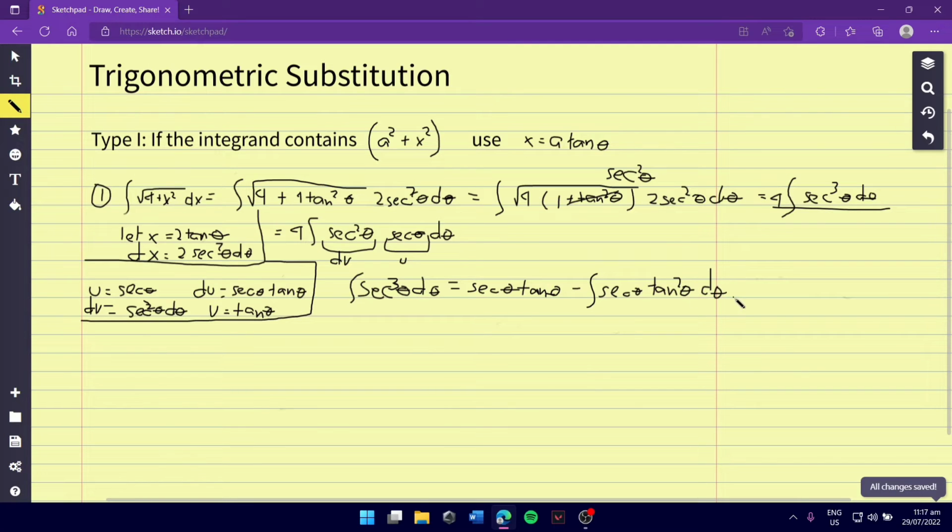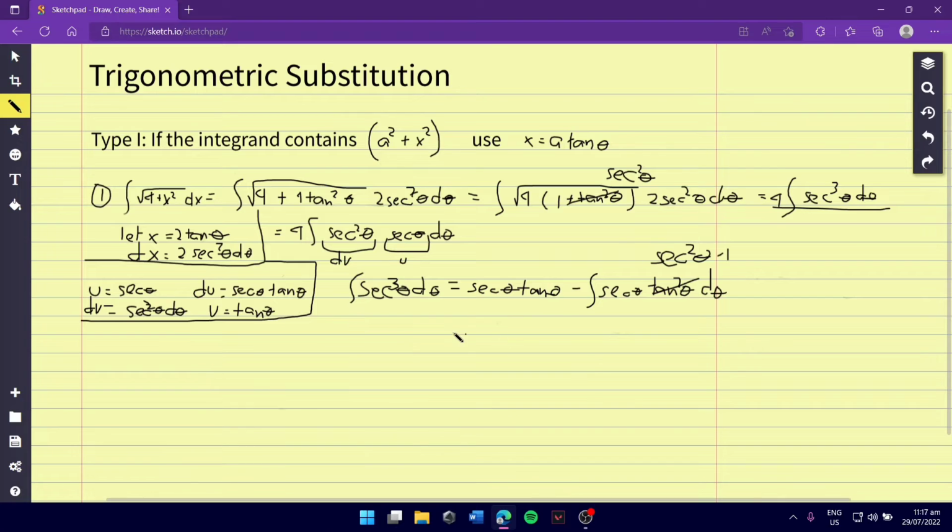So next, tangent squared theta will become secant squared theta minus 1. So we will put that there. So it will become secant cube theta.